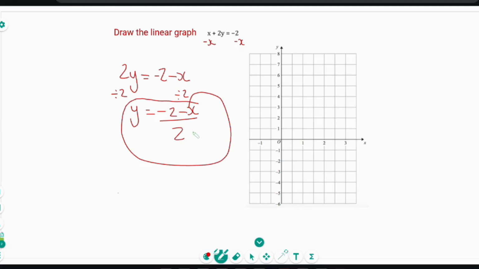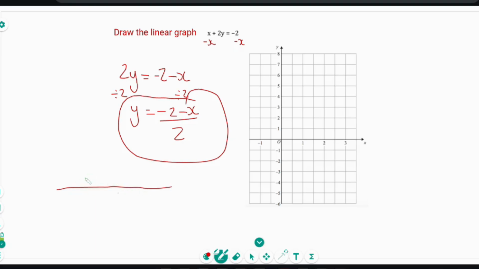Now we're going to use that equation to fill in my table, which I'm not drawing yet. I'm going to choose 0, 1 and 2. So we have minus 2, take away 2, all over 2 is negative 2.